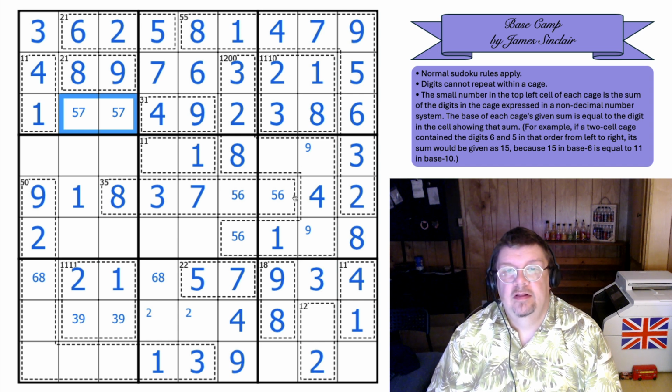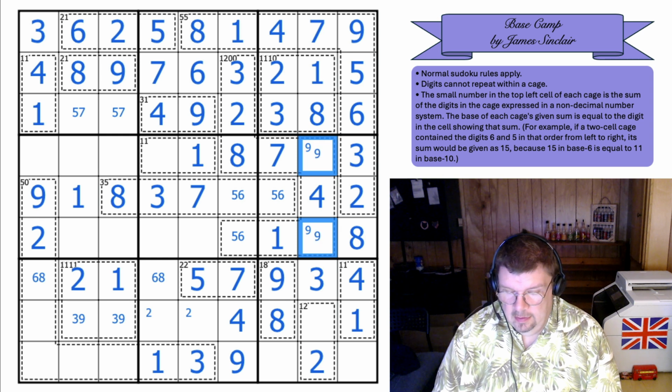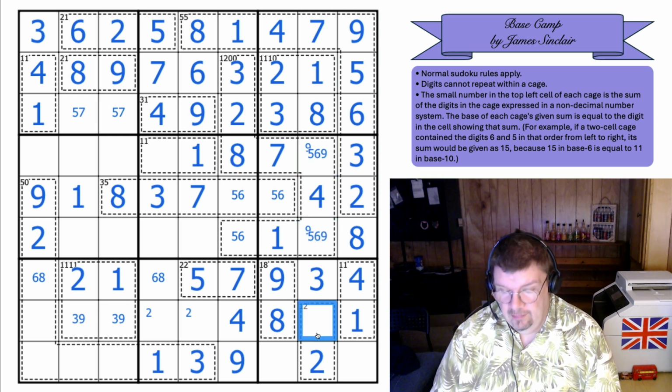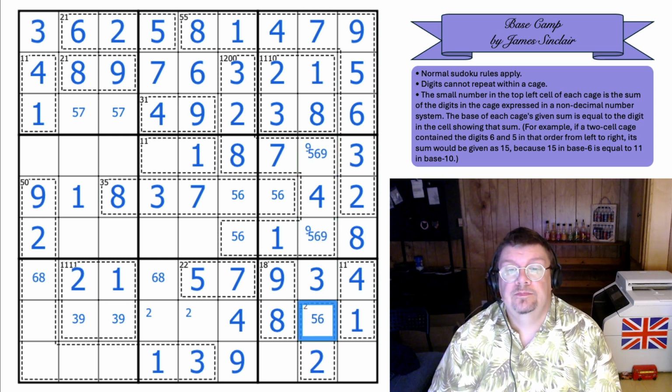The 7 in this box must go here. So these are from 9, 5, and 6, and that is a 5 or a 6. That's not 7, so that is.